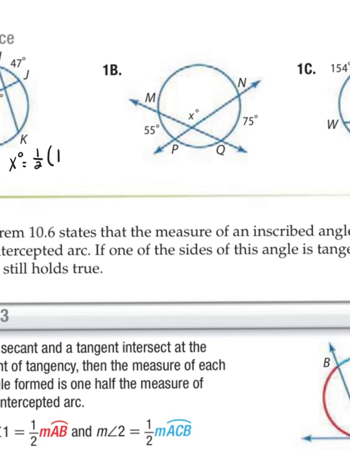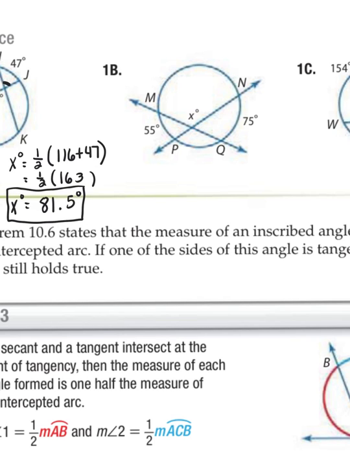Well, its arc is 116. The vertical angle's arc is this arc that I'm marking here in black. Its arc is 47. So to find X, I'm going to take 1/2 of 163. X then is going to equal 81.5 degrees. Perfectly okay that it didn't turn out even.